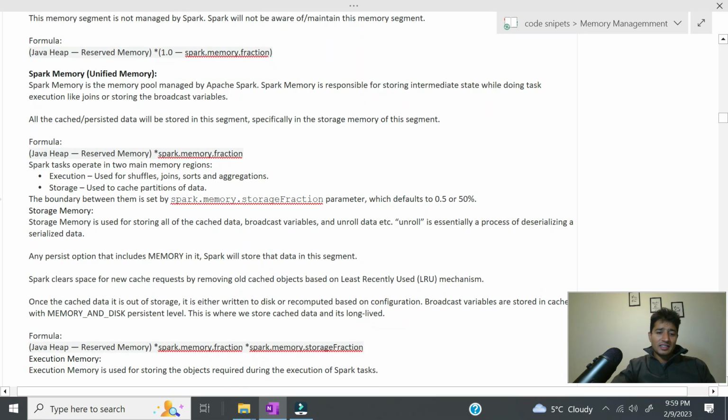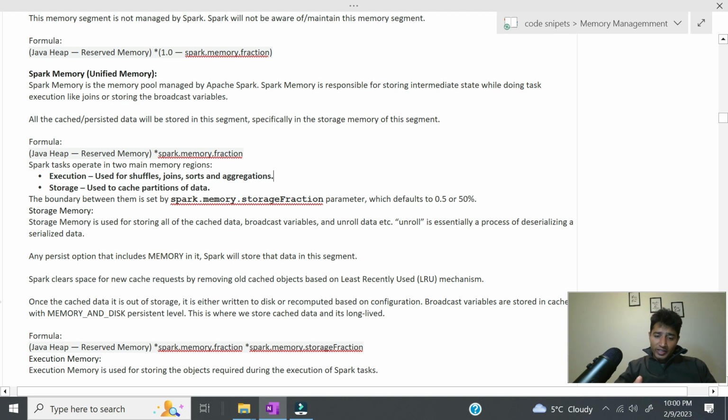The boundary between them is set by the spark.memory.storageFraction parameter. By default it is 0.5. This memory is used for both execution and storage. Execution means shuffle, joins, sort, and aggregation, and storage can be used for caching partitions of the data.